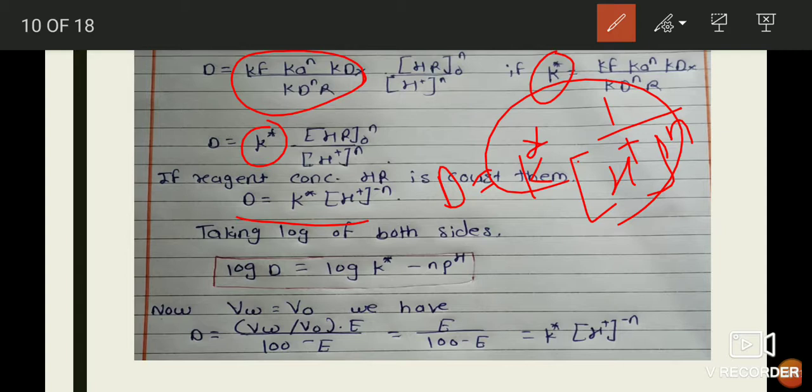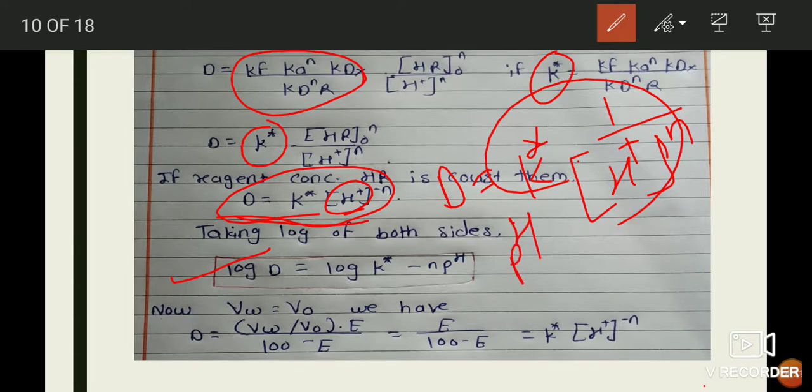Taking log of both sides, the equation becomes log D is equal to log K star minus n pH, since the log of H plus ion concentration gives pH.